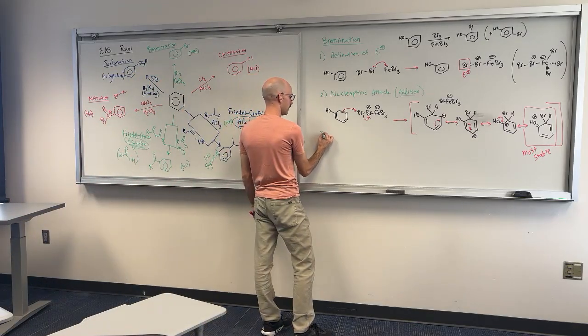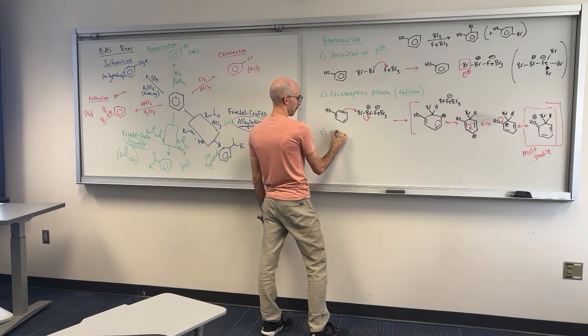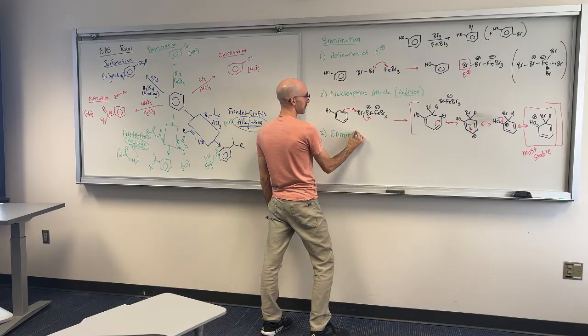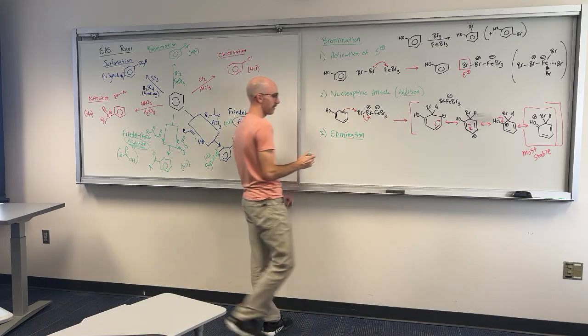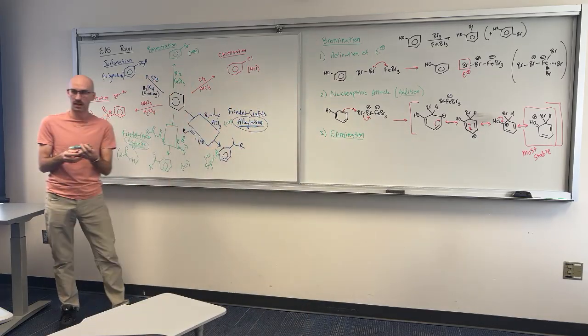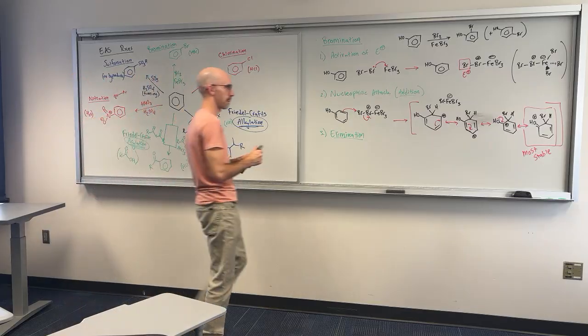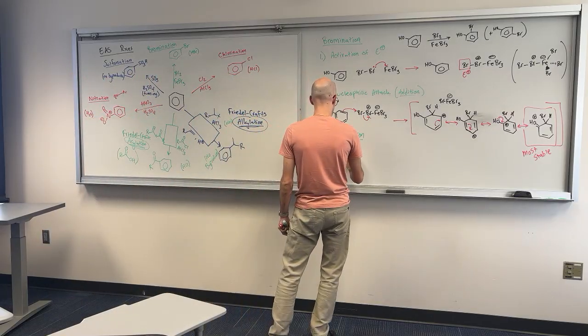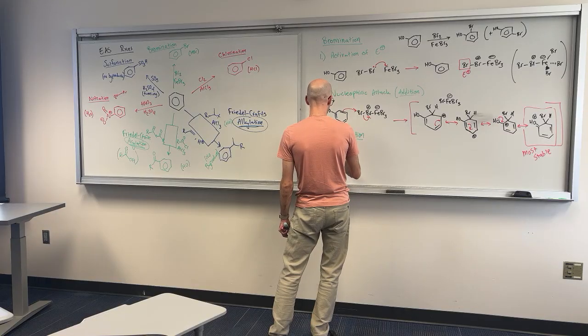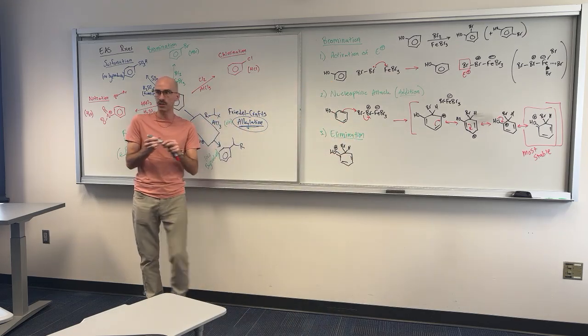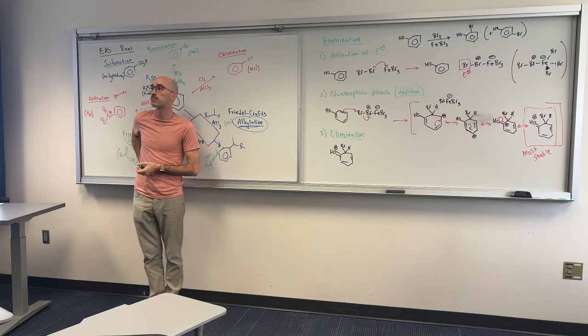Step 3, if we call step 2 addition, then we can call this step elimination. It does not matter which of your resonance forms you work from here. They all get you to this point. However, I ask that you only use your most previous resonance form.